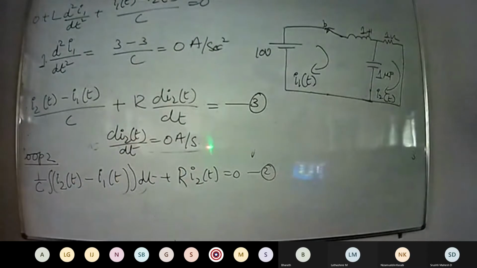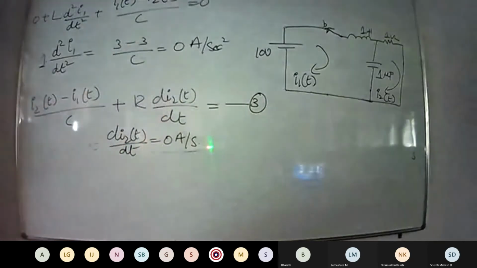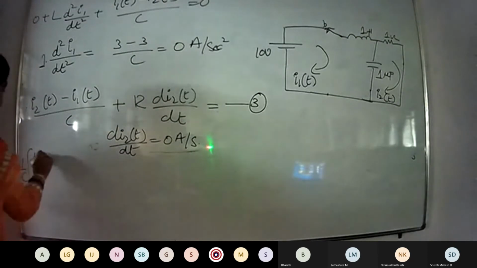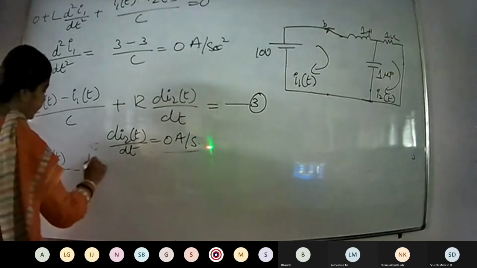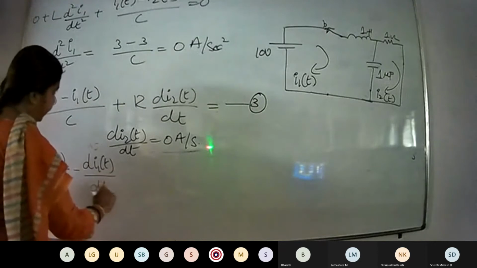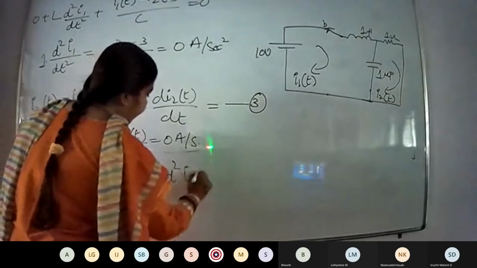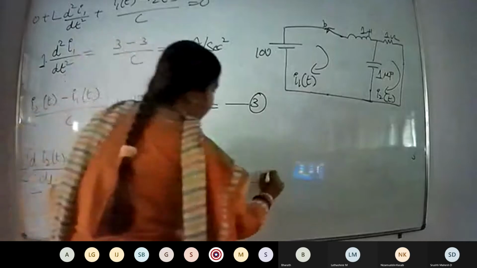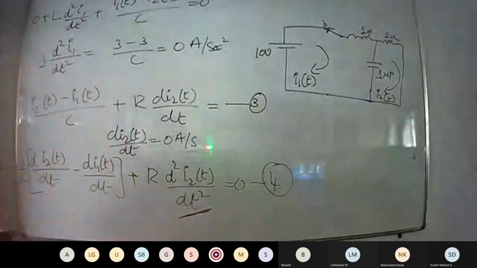Differentiating equation 3, we get 1 by C times di2 of t by dt minus di1 of t by dt, plus R into d square I2 of t by dt square is equal to 0. Call it equation 4. We want this d square I2.